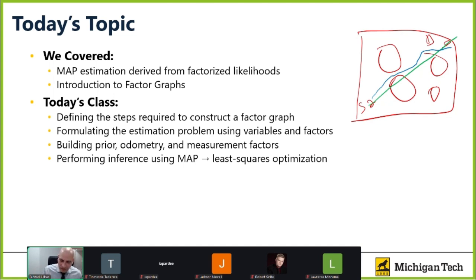And believe me, factor graph optimization is going to be one of the newest things that many people will use in the next few years. So if you know it better and use it, you're going to be ahead of others because of all of those advantages that I mentioned.